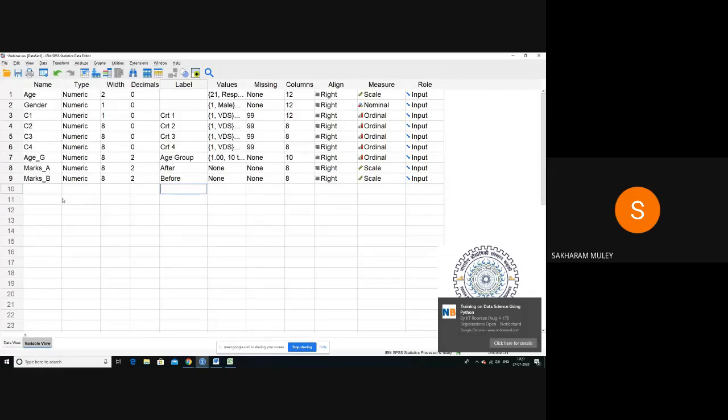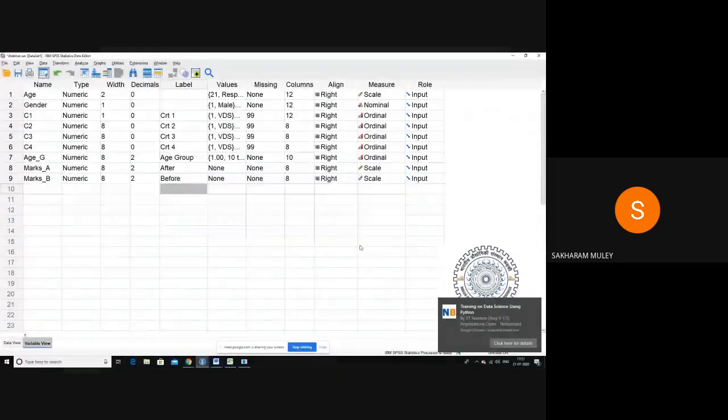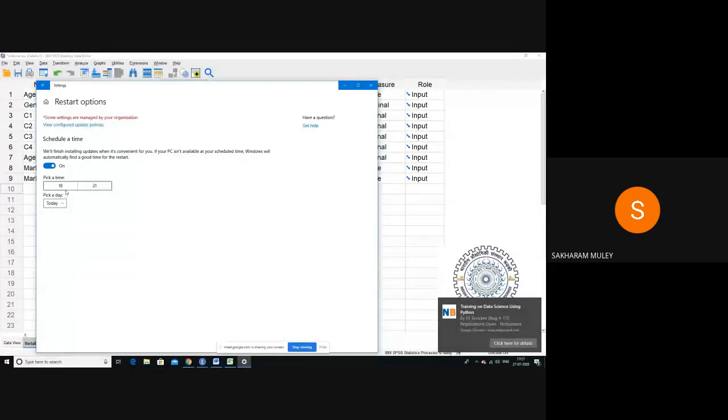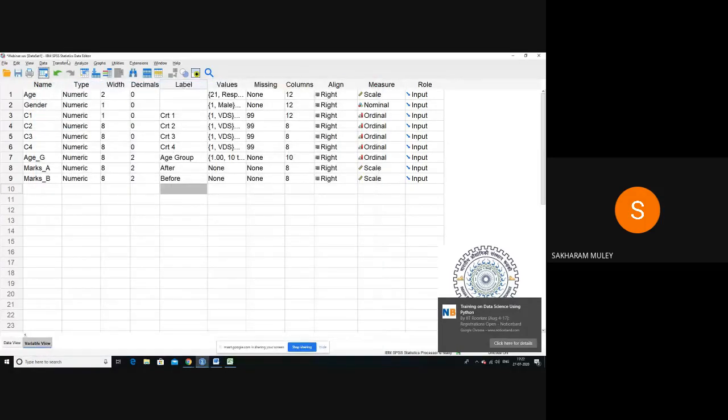For testing a normal distribution for this particular paired data set, what we need to test is the difference between marks A and marks B. So I have to generate a new variable.